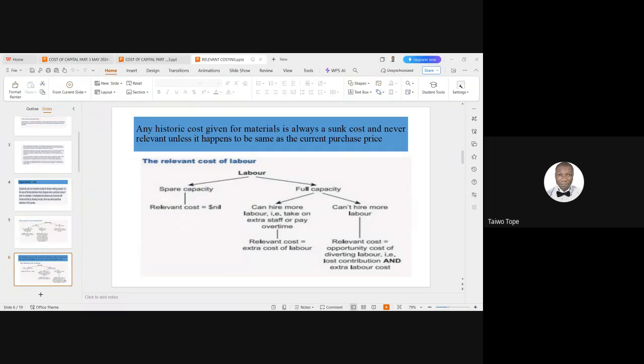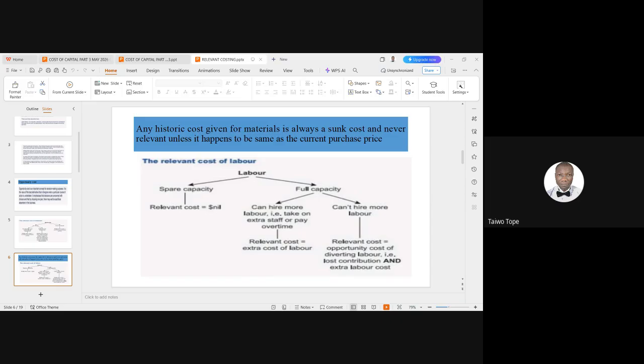So when you have fully employed labor, full capacity of workers fully working, and you need some persons in another department, in another unit, there will always be an opportunity cost in relation to that particular decision.